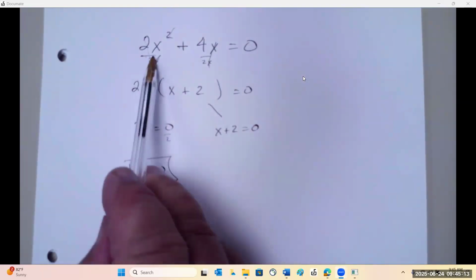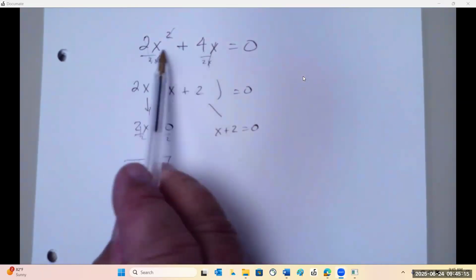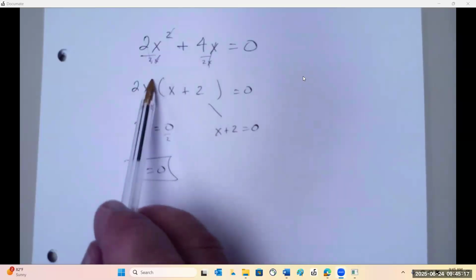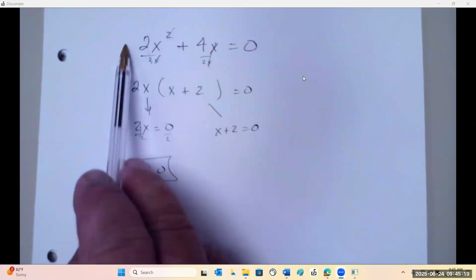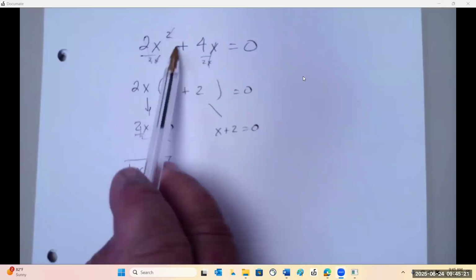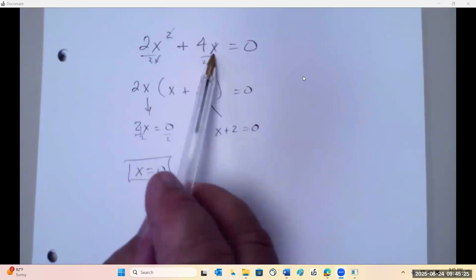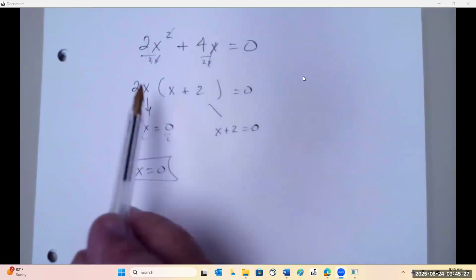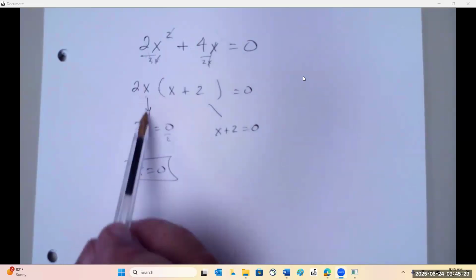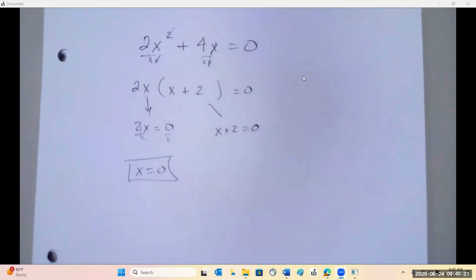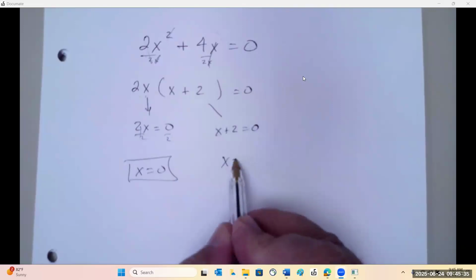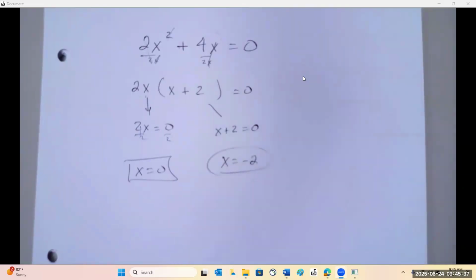If x equals 0, what's y going to equal? What's this one? If x is 0, what's this going to equal? 0. If x is 0, what's this going to equal? 0. So do not forget to set this one equal to 0 and solve for it. Then this side here, x becomes -2. There's another solution.